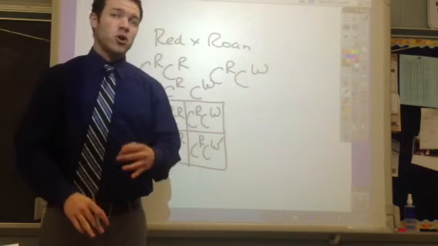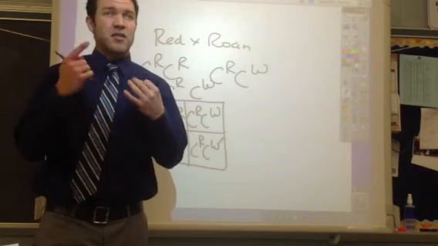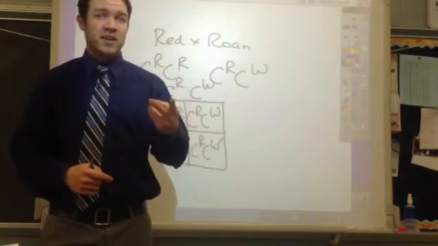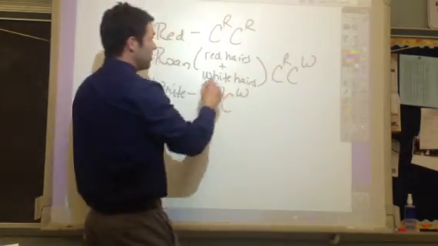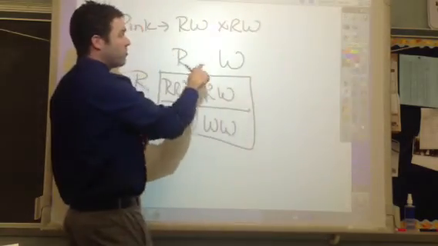Alright? So that's codominance, and you'll do some examples with that. If you see something that has 3 phenotypes, but it's not a blending, that's codominance. If it's black, white, and black and white, if it's incomplete, black and white blend to be gray.